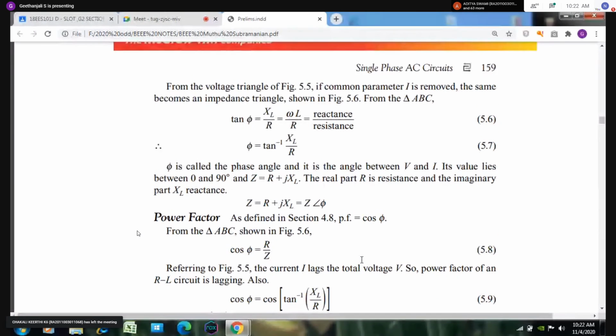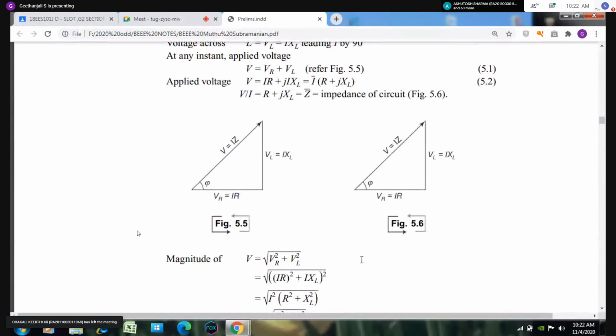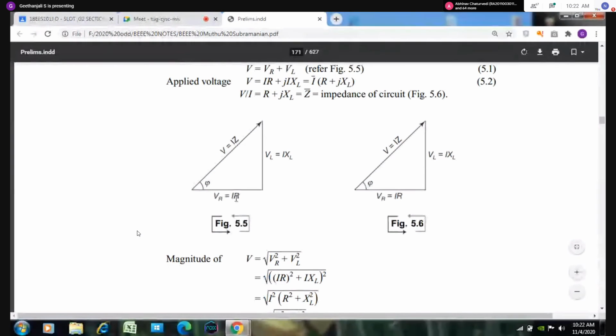What they are saying is, if you remove the voltage, which one is common in this triangle? I is common. So you remove the I. So the hypotenuse is Z, which is nothing but impedance. So it is called an impedance triangle when you remove the current I.